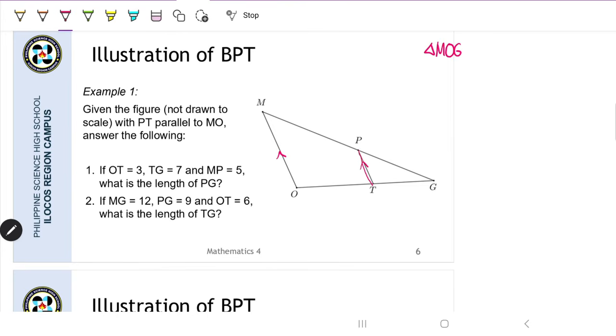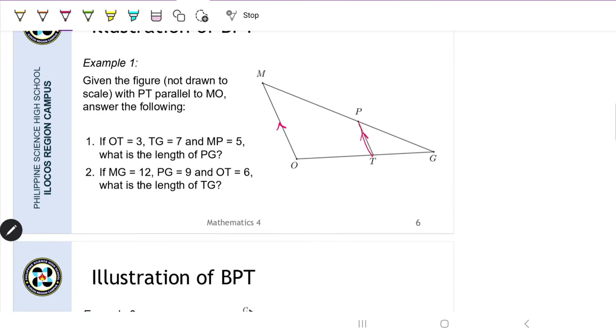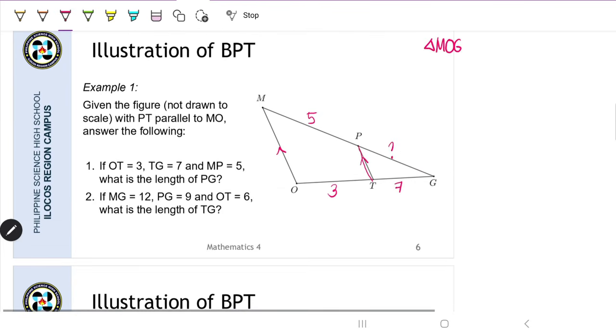So number 1, if OT is equal to 3, PG is 7, MP is 5, find the length of PG. Since MO is parallel to PT, we can use the proportions provided by BPT.